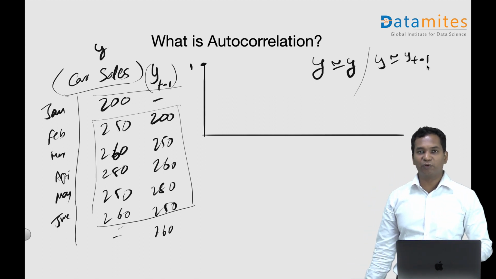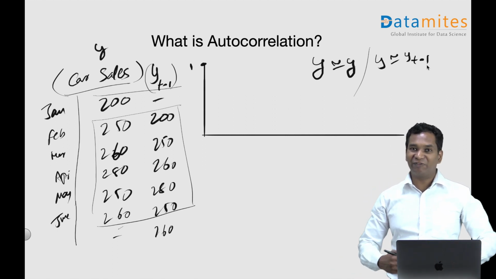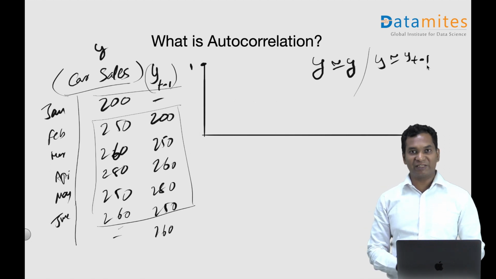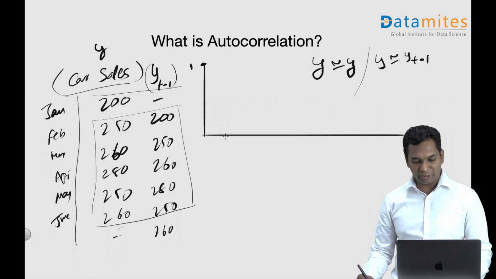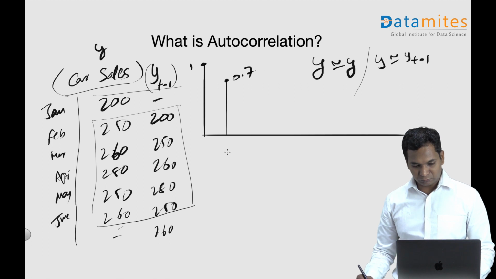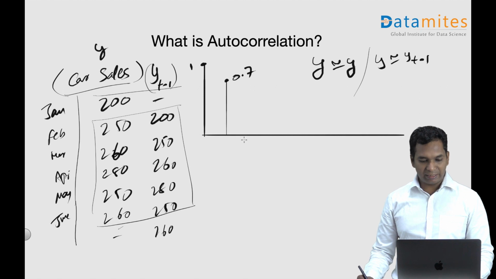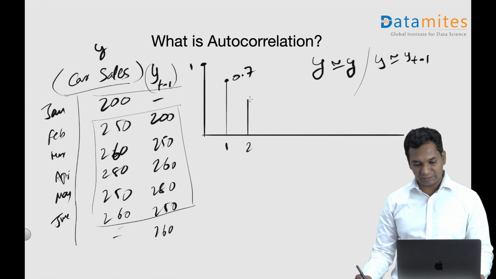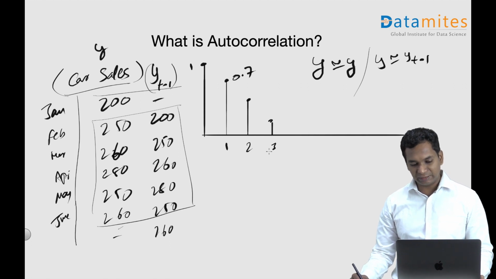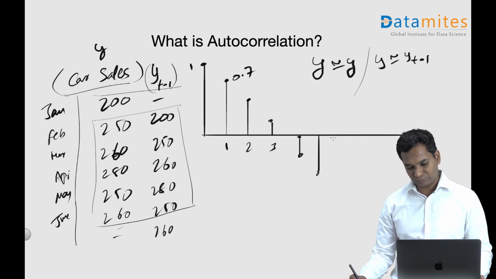If you do one lag, then you definitely don't get one because they are two different series, and probably you get about 0.9 or 0.7, for example. And you lag one more time, it's a 2 lag, so you might get something like this, and then 0.3 at lag 3, and then at some point it actually turns negative and again goes positive.